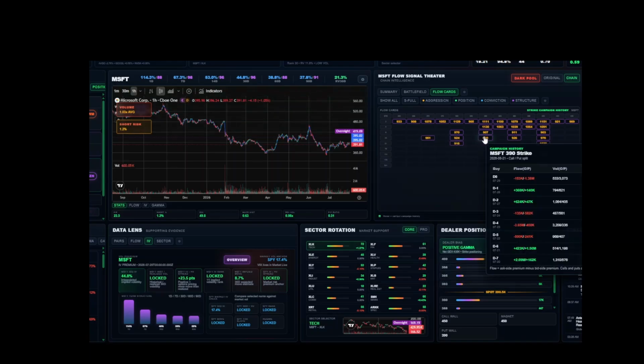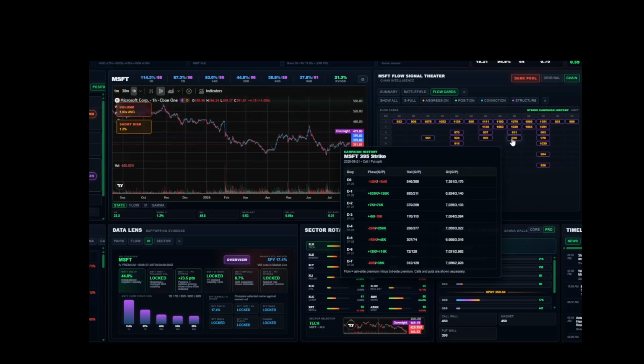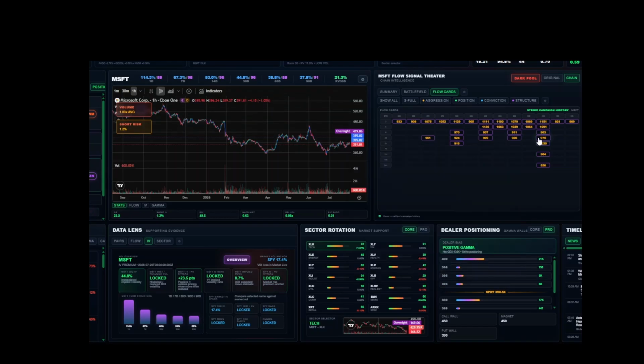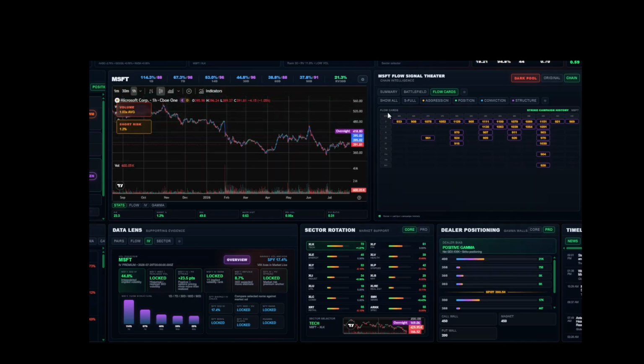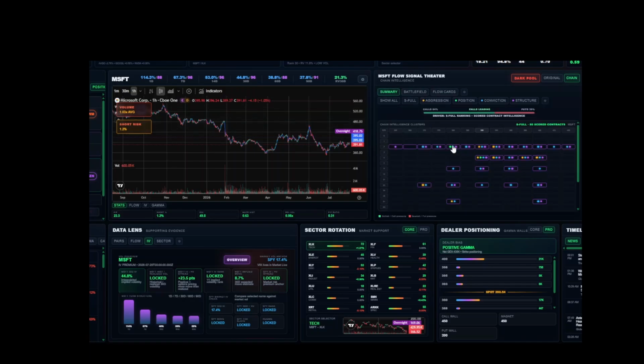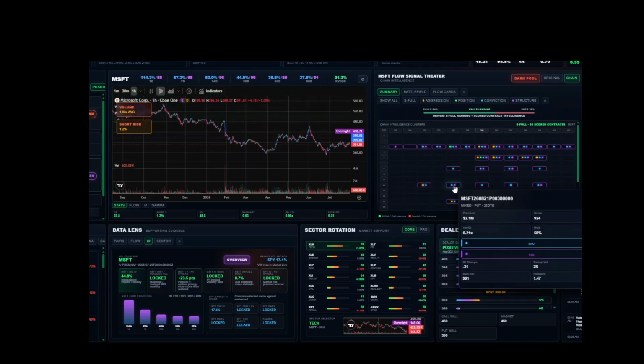Looking at these activities, the market is certainly slightly bullish on this ticker. Later in another video we'll go through these flow cards in more depth and I can explain exactly what's happening here. But in this video today, let's talk about the individual positions that our system has picked out.